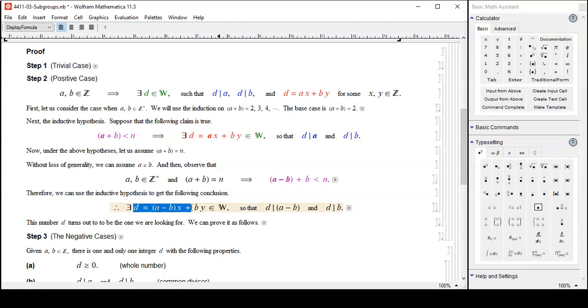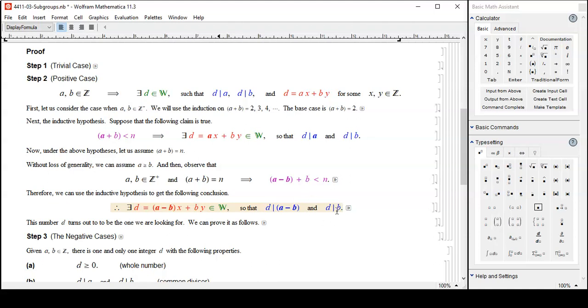D is this linear combination, as we have over here, and that's a whole number. And then blue, common divisor. Please note that I replaced a by a minus b here, and again a by a minus b here.